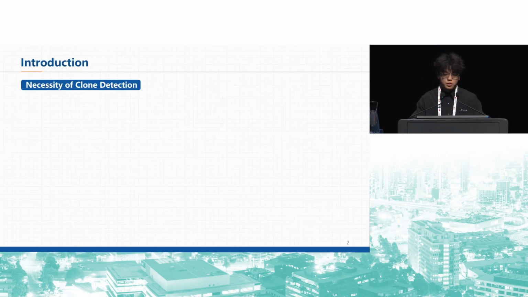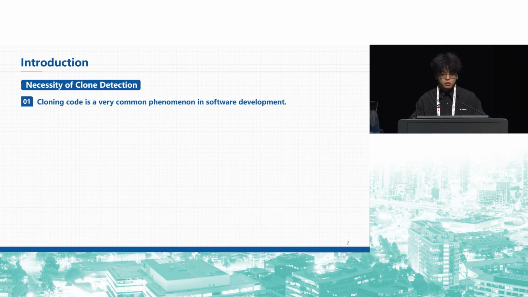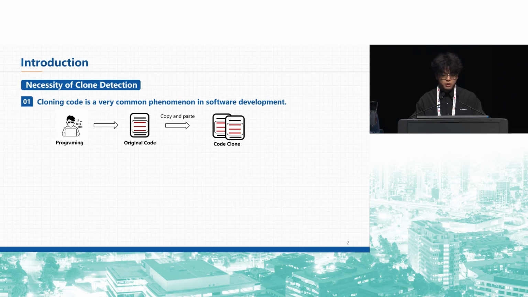In today's increasingly prosperous open source community, code clone detection is particularly necessary. First, cloning code is a very common phenomenon in software development. Programmers usually copy and paste some existing code to improve efficiency. But the existence of code clones will lead to certain risks.